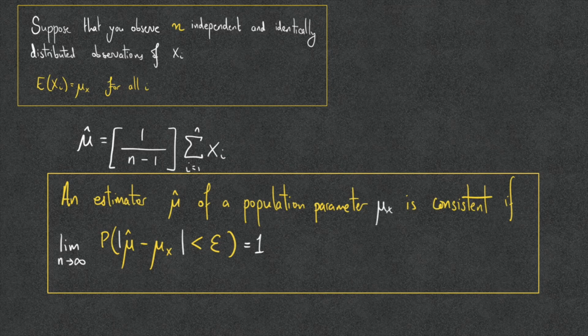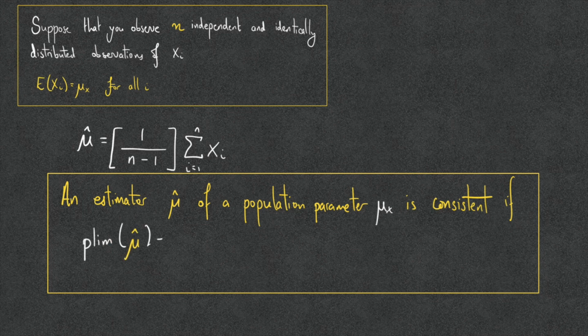This is a slightly complicated definition, but slightly less formally, we can say that an estimator is consistent if the probability limit, or p-lim, of that estimator is equal to the population parameter being estimated. So in this case, our estimator mu hat is going to be consistent if, as the sample size tends towards infinity, it converges in probability to the true population parameter mu x.